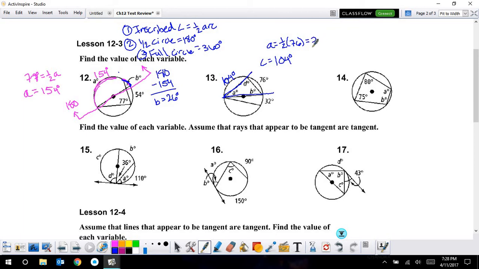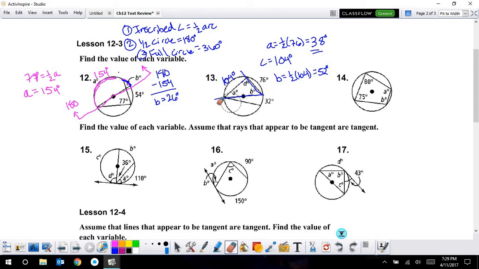So half of 76 gets us 38 degrees. If you look at B, well, B opens up towards that arc of 104. So that means B is going to be half of the 104, which is 52 degrees.